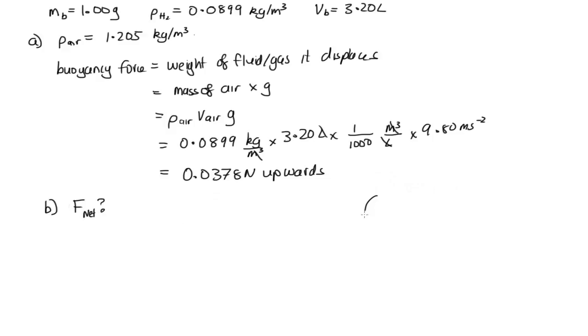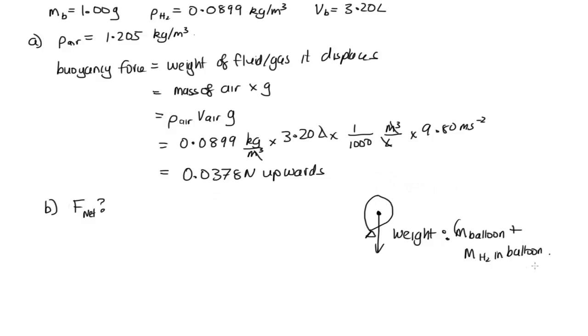So to do this, let's start by drawing a diagram. So we've got a couple of forces acting on our balloon. We've got a weight force pulling it downwards, and that's going to come from the mass of the balloon itself, this rubber making up the balloon, plus it's also going to come from the mass of the H2 in the balloon.